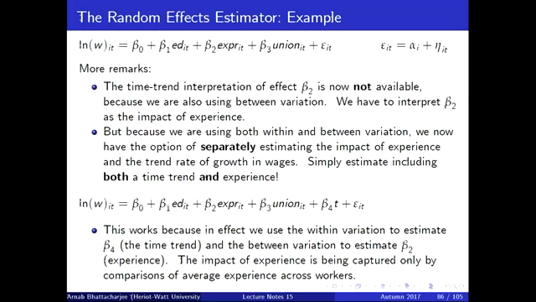So it is really like a time trend. When you are doing random effects estimation, does this persist? No, it doesn't. So that interpretation breaks down. Okay? So you have to now interpret this beta 2 simply as an impact of experience. Okay?